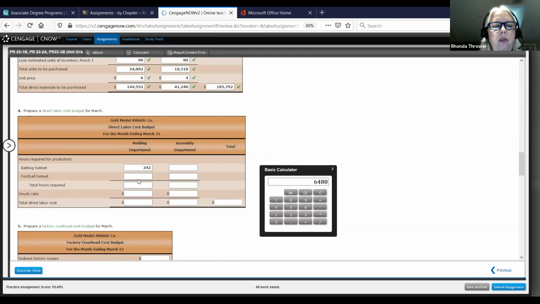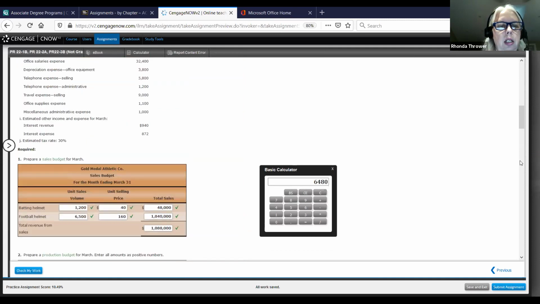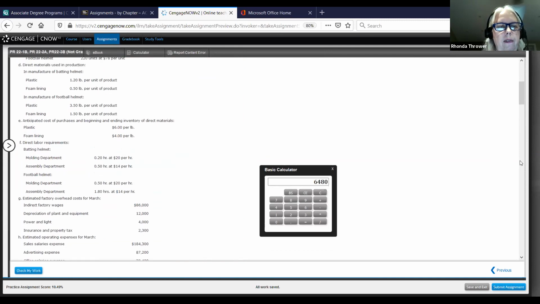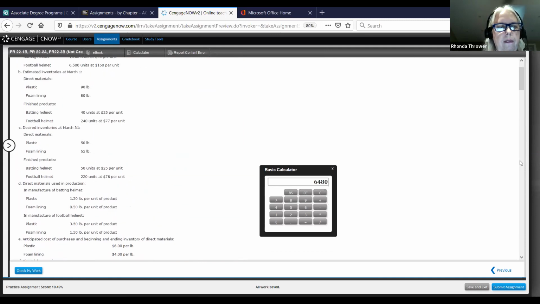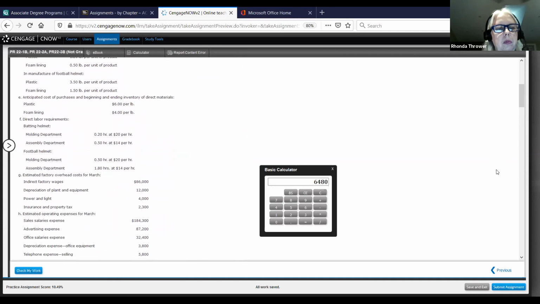I'm going to look for this information right here. So 6,480 for the football helmets in the molding department.